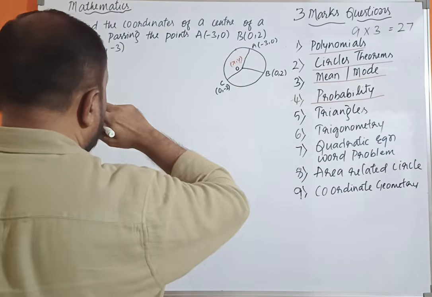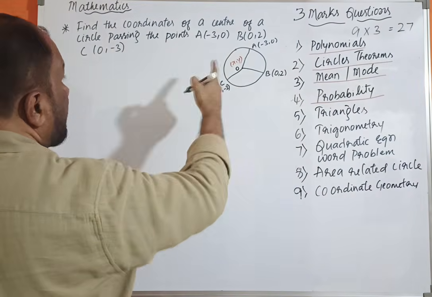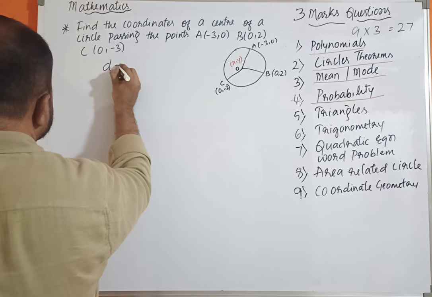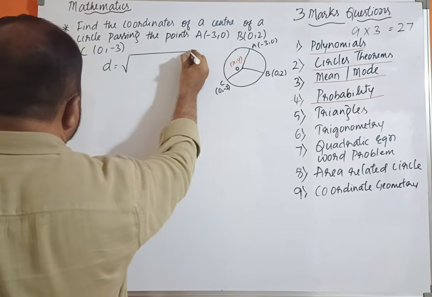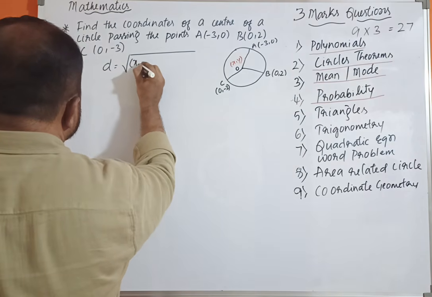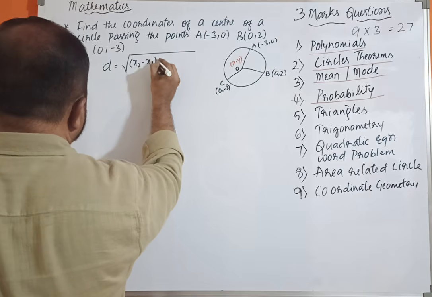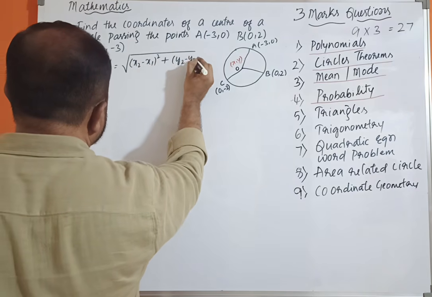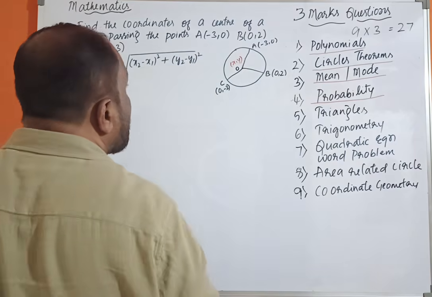So now first we'll find out OA. The distance formula: distance is equal to root of x2 minus x1 whole square plus y2 minus y1 whole square.